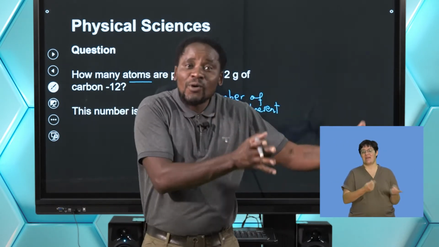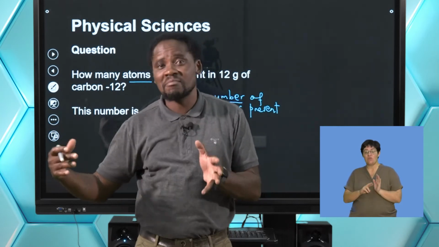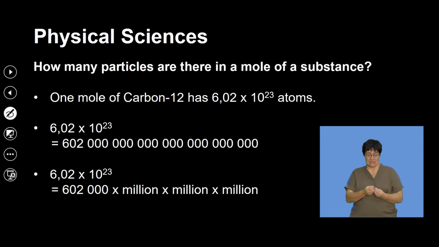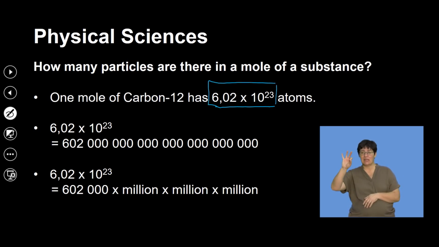Similarly, a mole also represents a very big number of particles that make up a substance. And then the question is, how many particles are there in a mole of a substance? One mole of carbon-12 has 6,02 times 10 exponent 23 atoms. So this is the number which represents 1 mole.